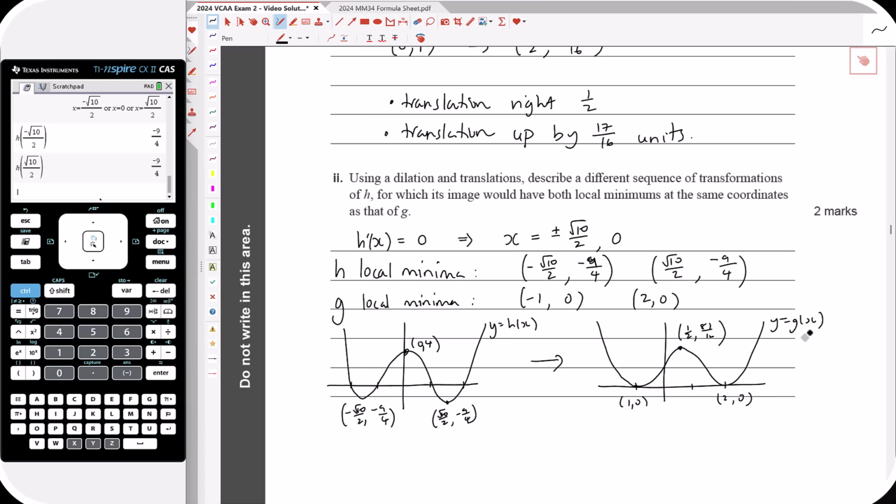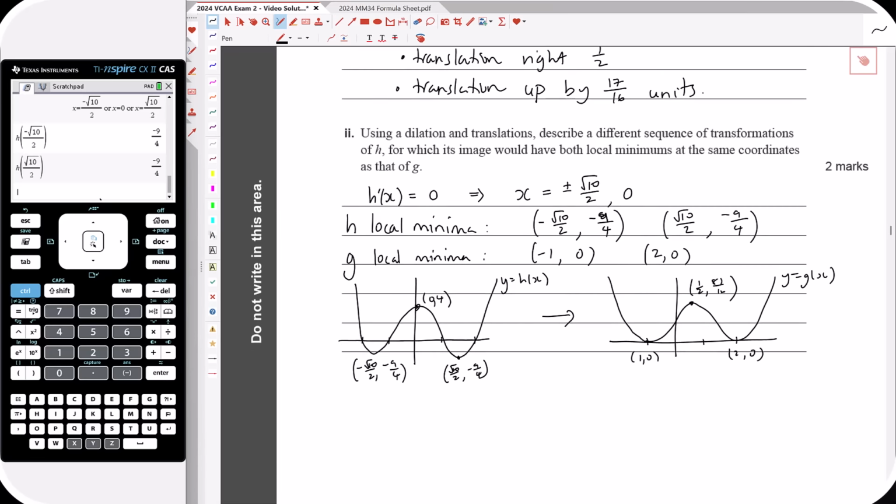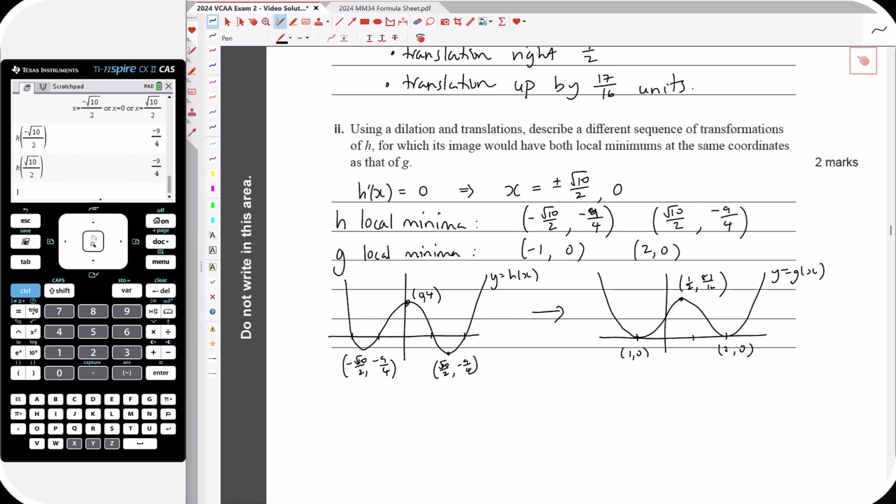Okay, so before we translate it away from the y-axis, it's got really nice symmetry about the y-axis at the moment. So before we translate it away from the y-axis, we want to do the dilation that makes sure that the turning points are in the right location.